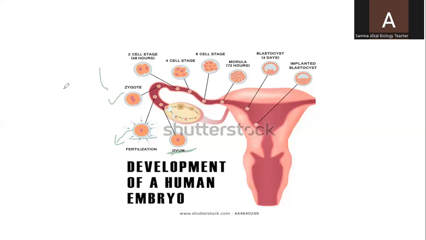After 48 hours, the zygote will divide into the two cell stage, then the four cell stage, and then the eight cell stage. After 72 hours it will change into a ball of cells, and then on day 4 the cells will arrange themselves.